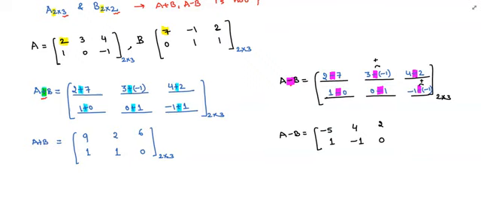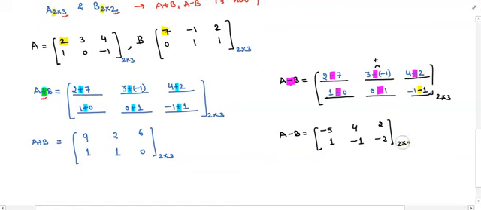Sorry, I have made a mistake here. It is actually 1 here, so it is minus 1. By mistake I mentioned minus 1. So here also the number changes, it's not 0. So minus 1 becomes minus 2. So this is the resulting matrix 2 by 3, A minus B.